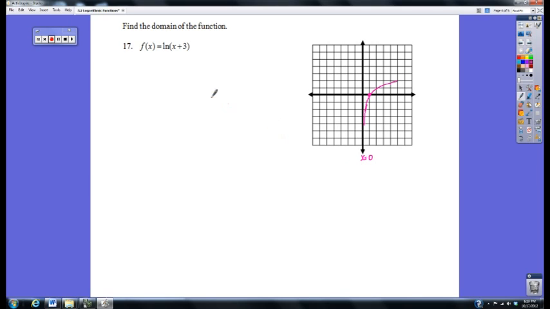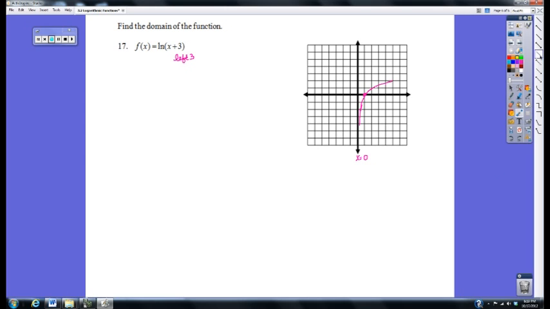So this natural log of x plus 3 means we go to the left 3. Let's move everything to the left 3 places, including your vertical asymptote. Your vertical asymptote is now going to be right here at x equals -3.